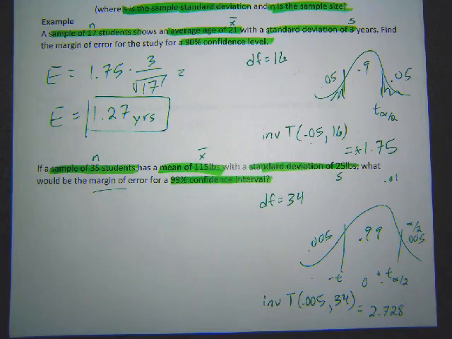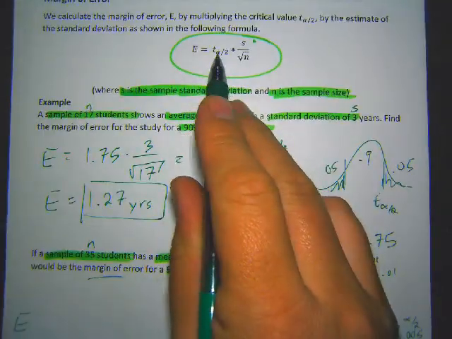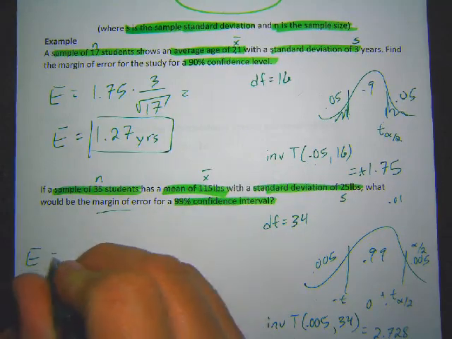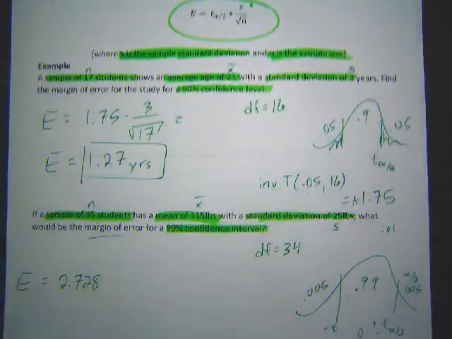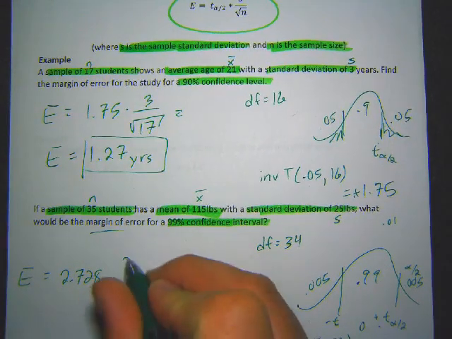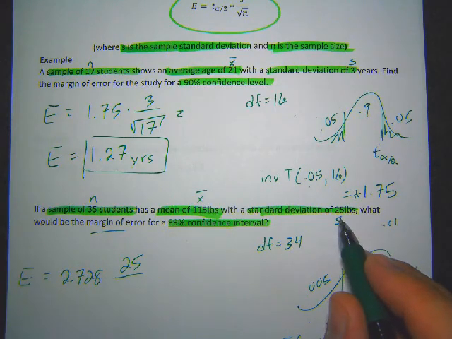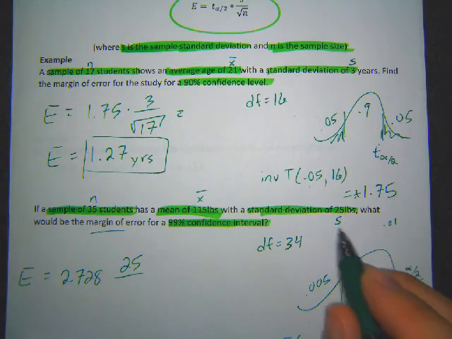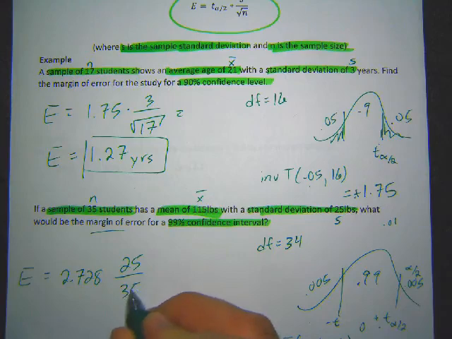Okay, do margin of error again. We use that same formula. We take the t-score we just found, 2.728, and multiply by the standard deviation s, which is 25, so 25 on the top, over the square root of n. Sorry, I said sample size; s is the standard deviation. n is the sample size, which goes on the bottom underneath the square root.